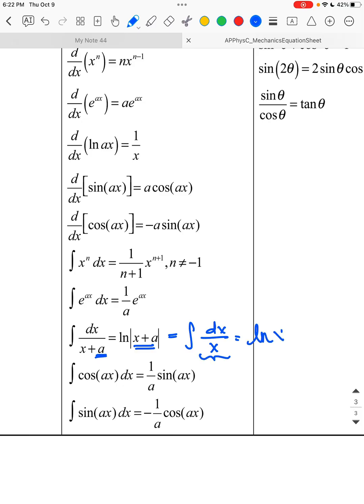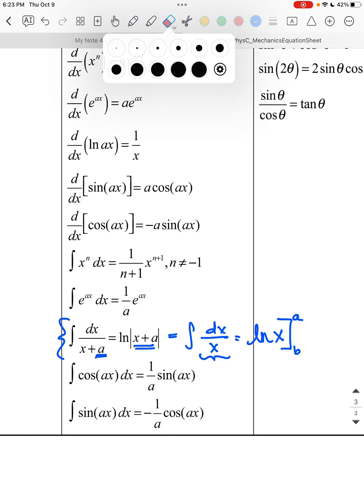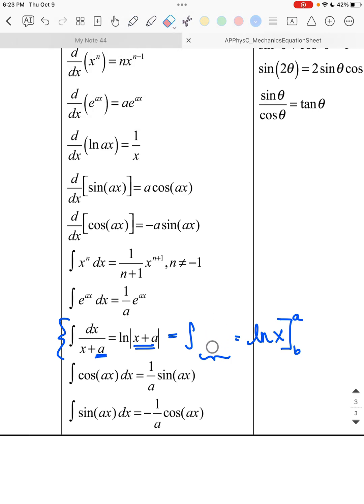So this would equal ln of x. And then if you had limits, you would plug in limits. In our case, it was B to A. I just want you to realize that this expression looks more complicated, but most of the time we're going to see it as the integral of 1 over x dx. In fact, I'm going to erase this just so that the notation is more familiar to you. This is the same thing as 1 over x times dx.